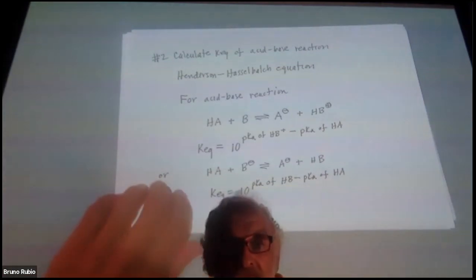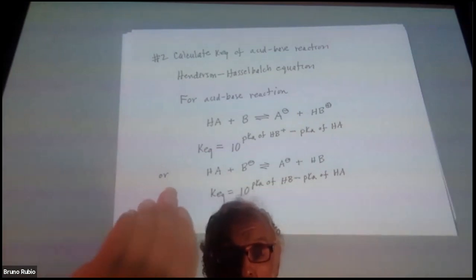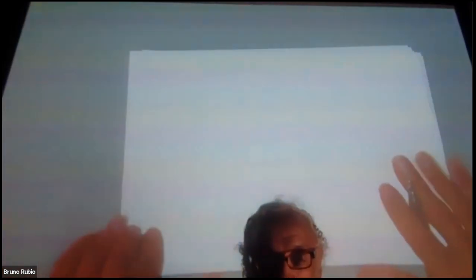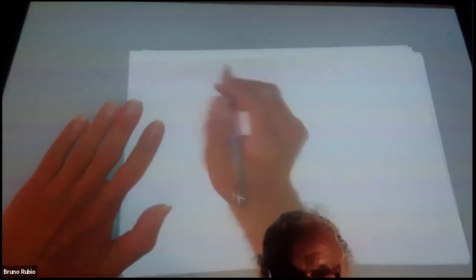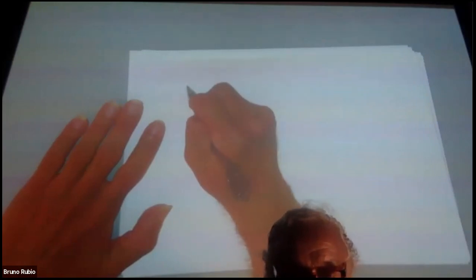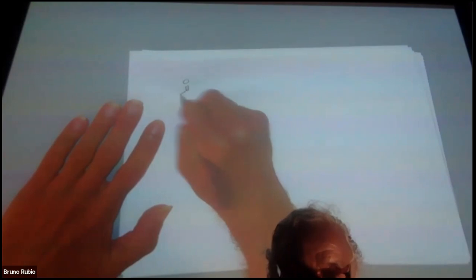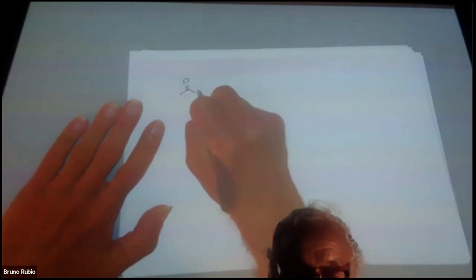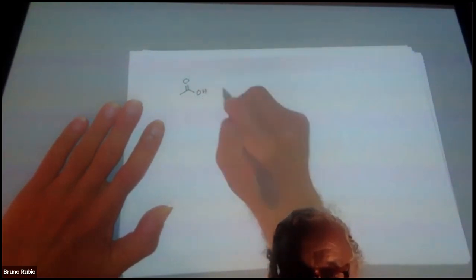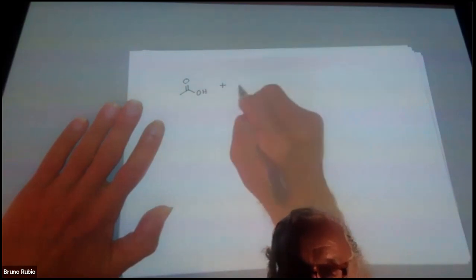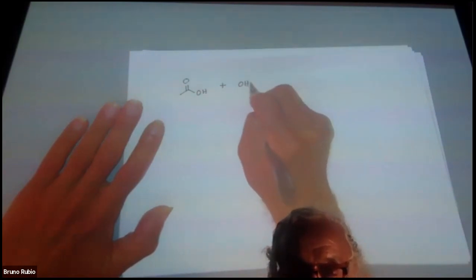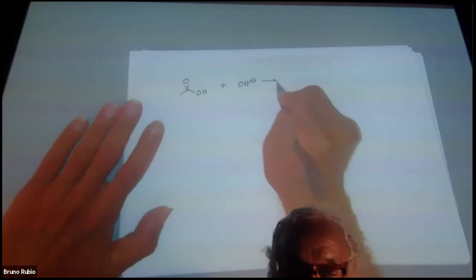So let's look at some examples where we're using that. All right, so for example, if we have a carboxylic acid and we want to react that with hydroxide, it's an equilibrium.